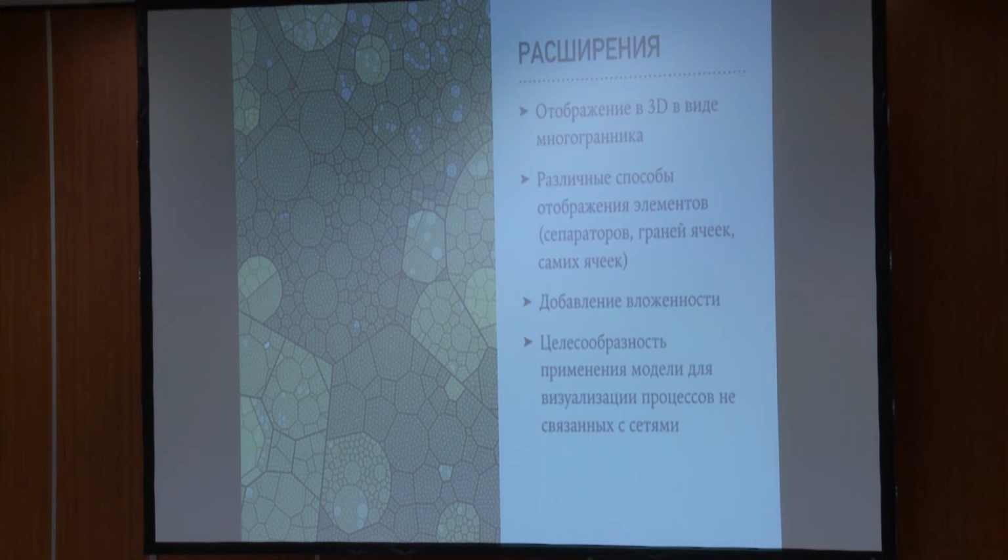Next, we can put in different values, and we do not consider our graphic model only as one for visualization of computer networks, but also for visualization of other processes.